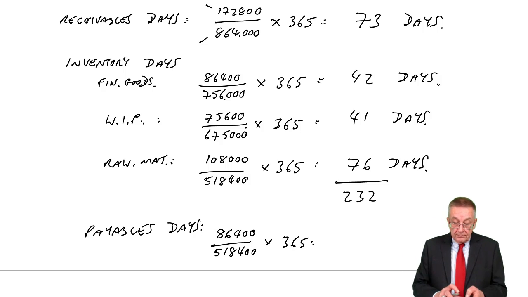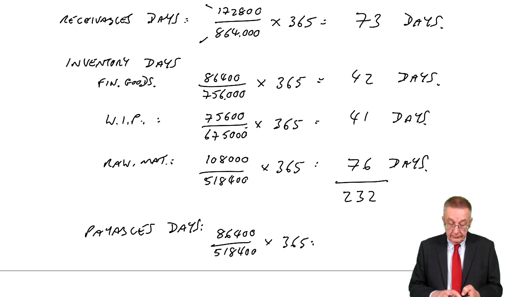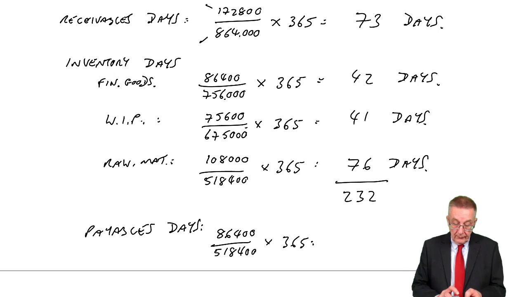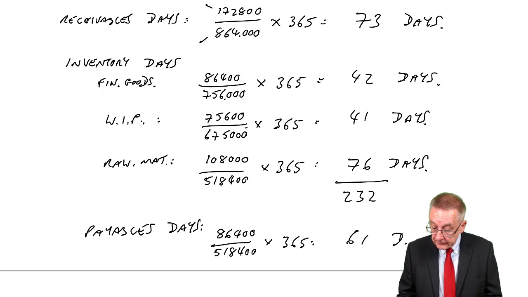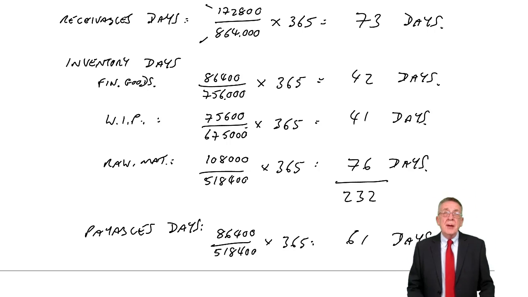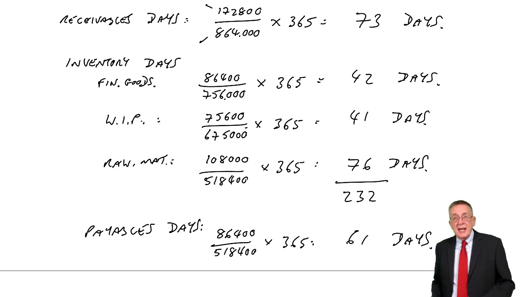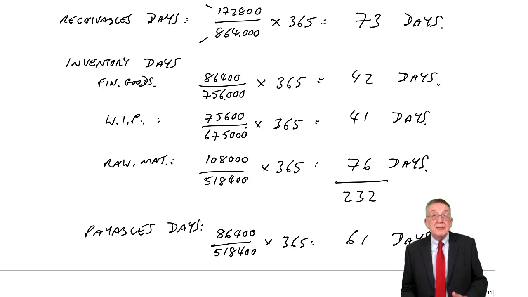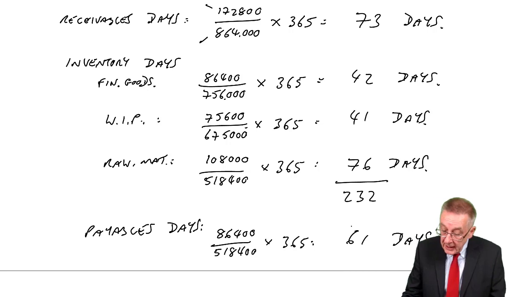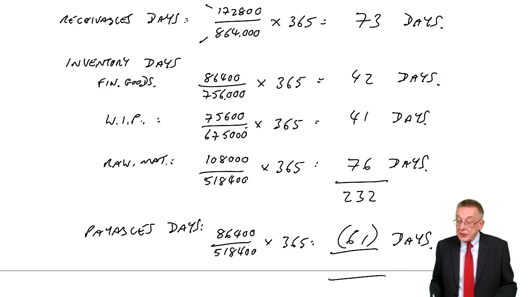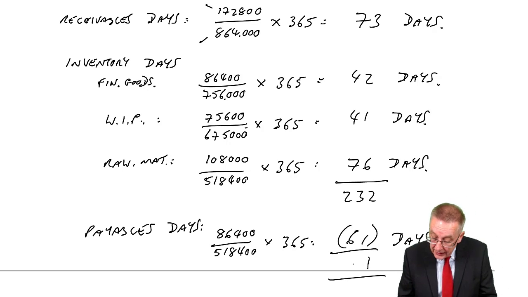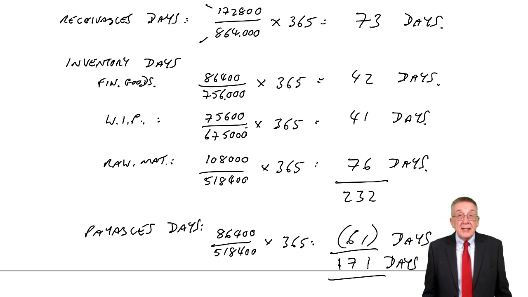And therefore, I get 61 days. So from the day we purchase the raw materials, it's 61 days until we pay out the cash. It's 232 days before we receive cash. And therefore, the period we're, in a sense, without cash, the operating cycle, is 171 days.